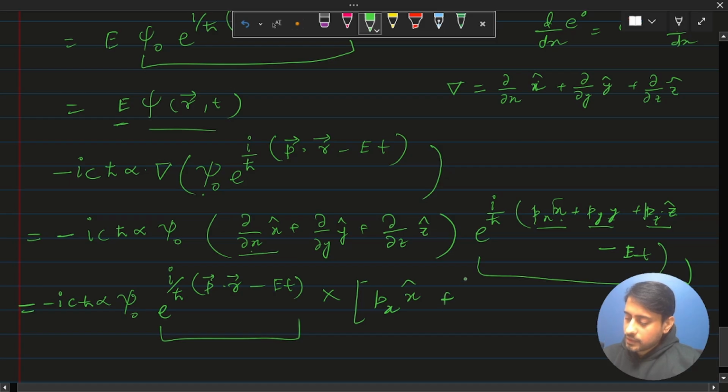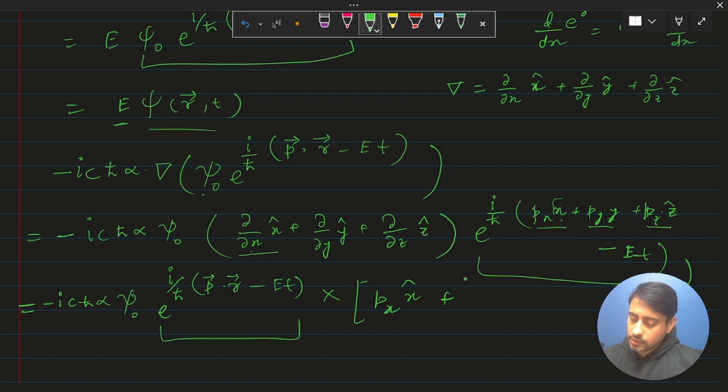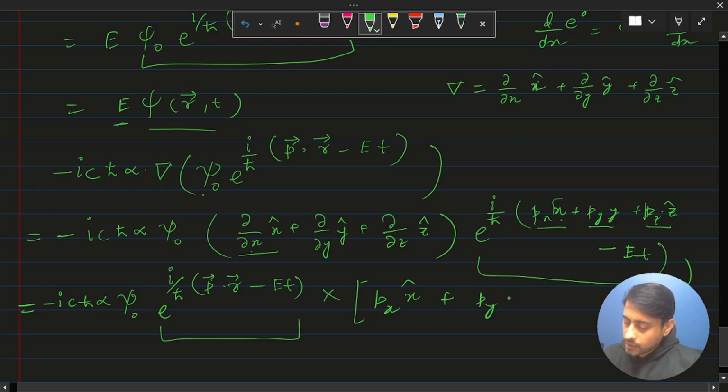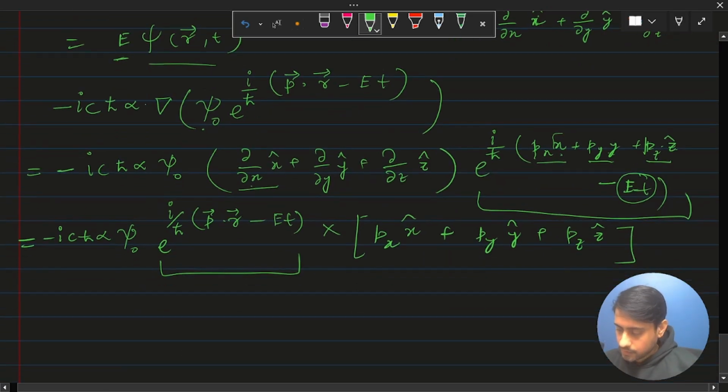For the second term, the derivative of this with respect to this will be 0, but the derivative of this with respect to this will give you py and y cap, and similarly for the third term, pz into z cap. The derivative of the Et term with respect to any of these will be 0. So you have minus i c h bar alpha psi naught.